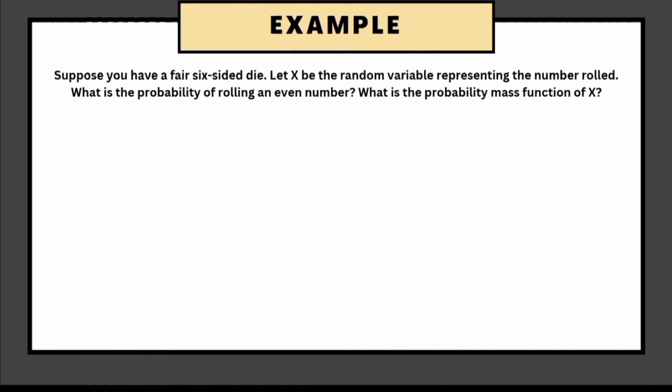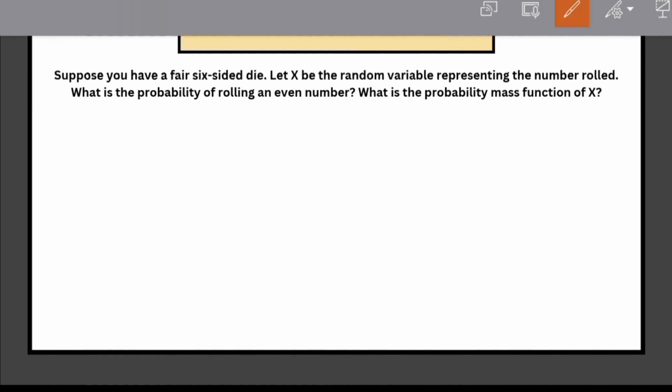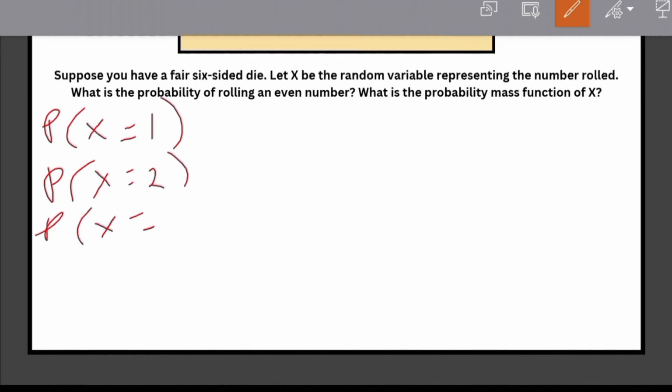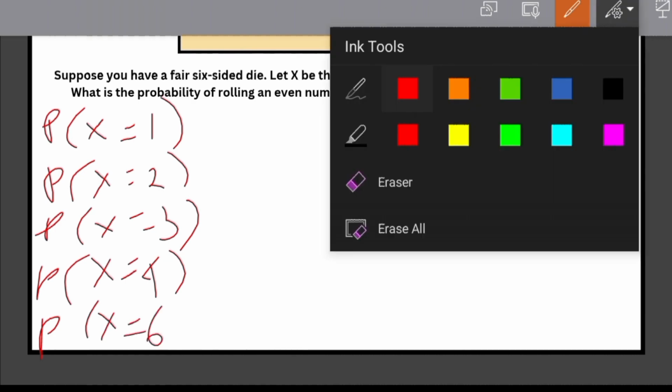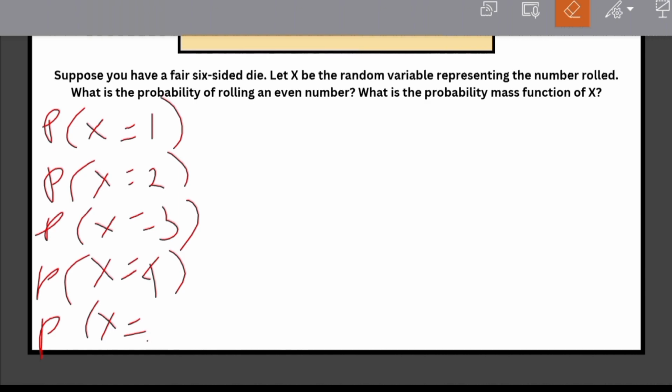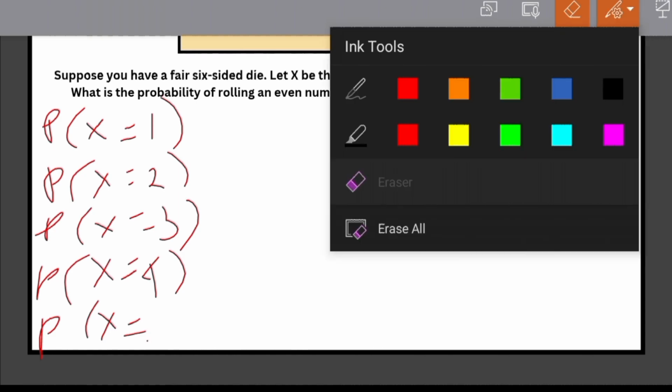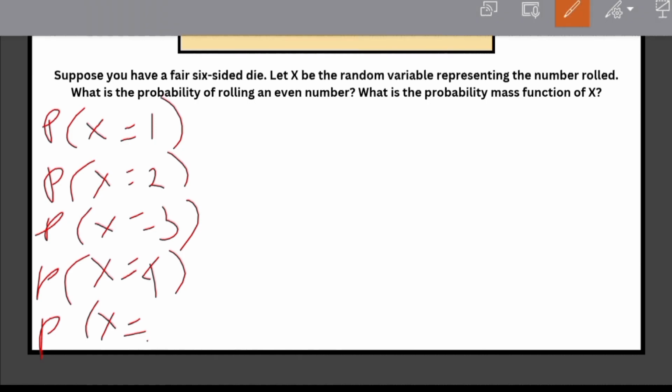But first, we need to find the probability mass function of a fair six-sided die, which, as we know, has 6 sides. So let's represent the first side as 1, then 2 dots, 3 dots, 4 dots, 5, and 6, right?